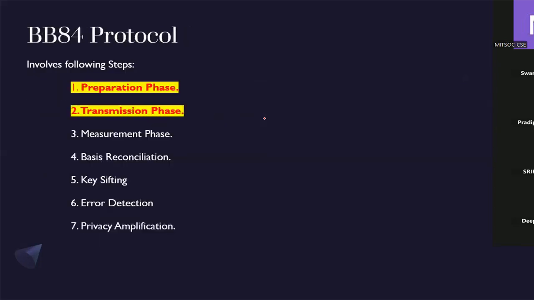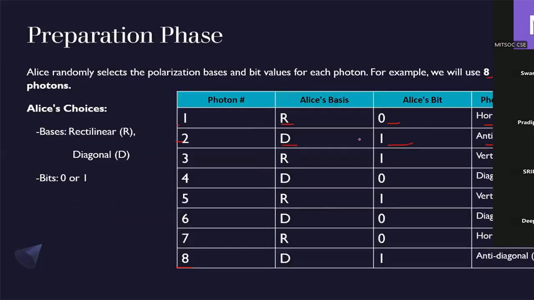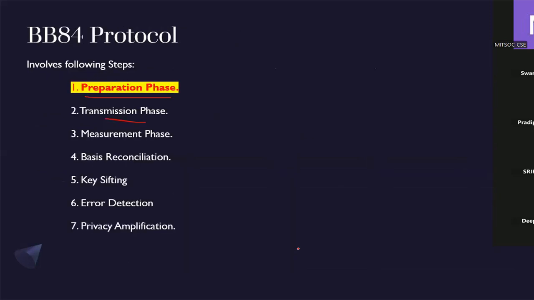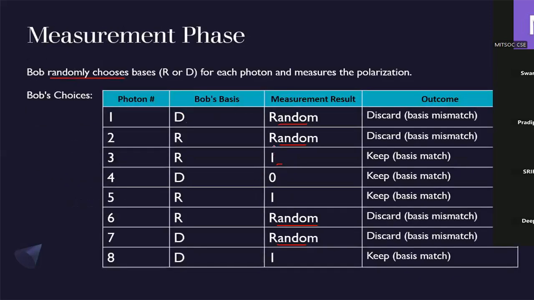Now see, here Alice has sent R D, R D, R D, R D. These are the eight photons that she has sent, right? And here, Bob has chosen his own random basis, that is D R, R D, R R D D, right?